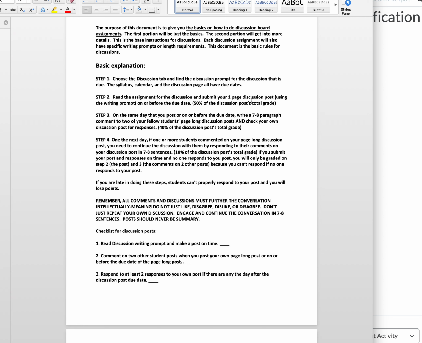Don't just agree or disagree or like or dislike. Talk about what they're talking about. Take the idea another step, like, I also thought about this with that idea, or I also found another example of that on this page. Just further the conversation intellectually. You have to do that twice, and that's worth 40% of the total grade.